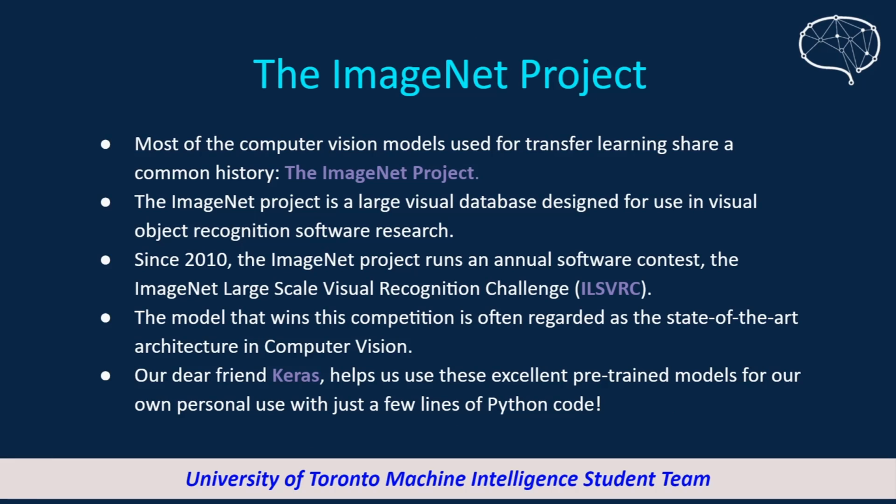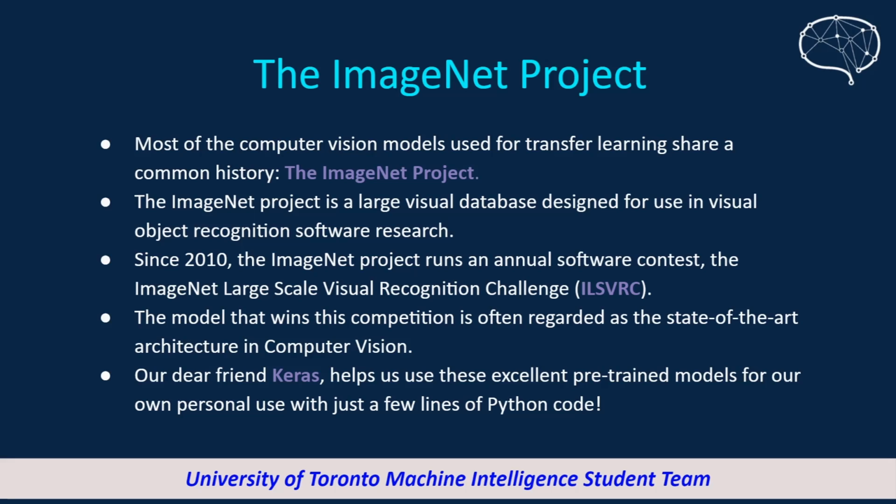The ImageNet project. Even though most of you are excited to see transfer learning in action, it is important that we spend some more time to understand the origin of some of the state-of-the-art models that form the base of transfer learning. Most of the computer vision models used for transfer learning share a common history: the ImageNet project. The ImageNet project is a large visual database designed for use in visual object recognition software research.